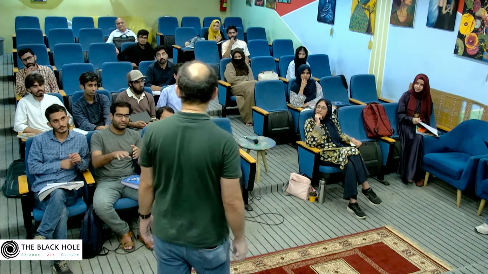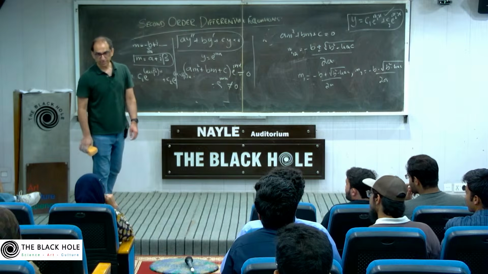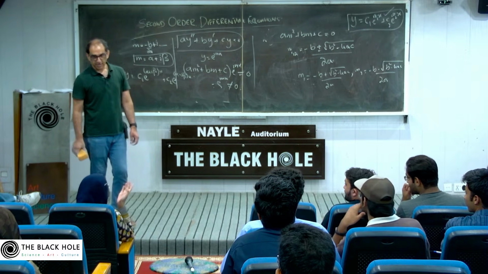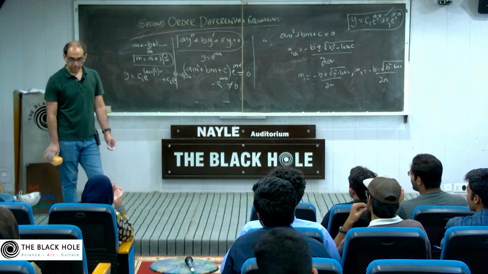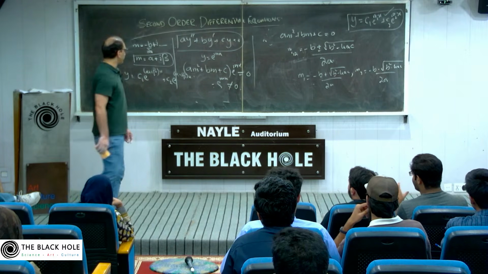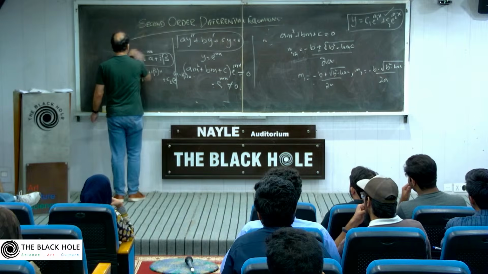Let's say y1 is your first solution. Okay. So, you say something. Why not x square, x cube, x4? x is smallest. No, my dear.